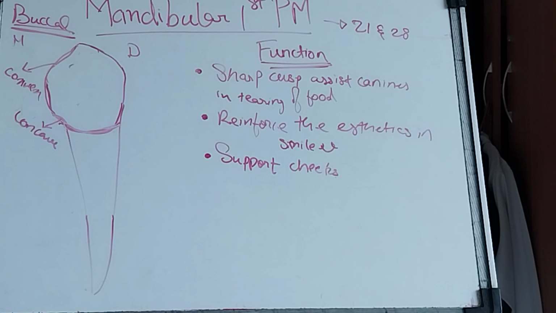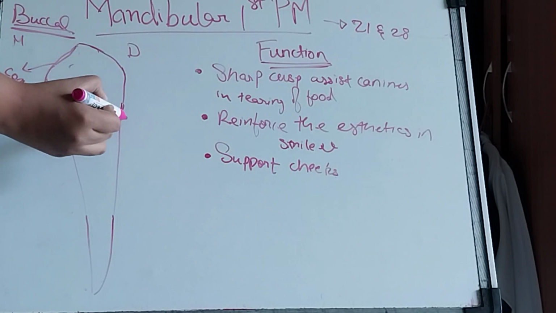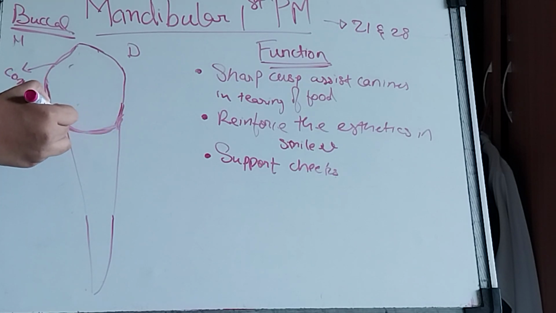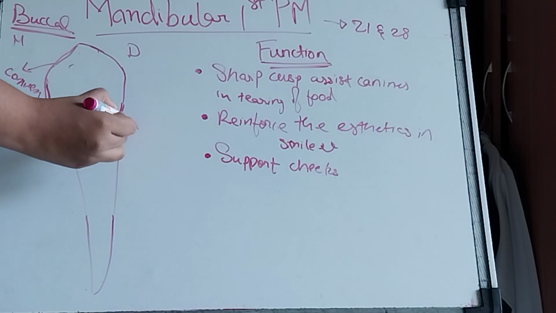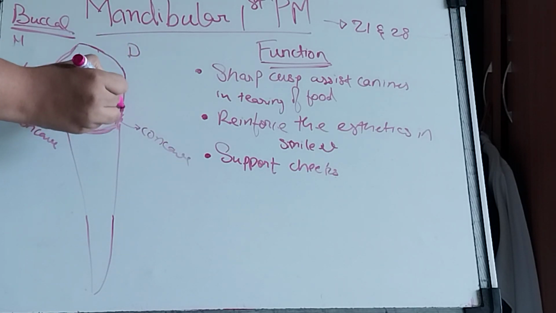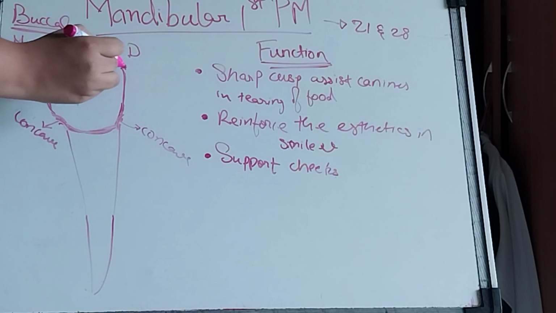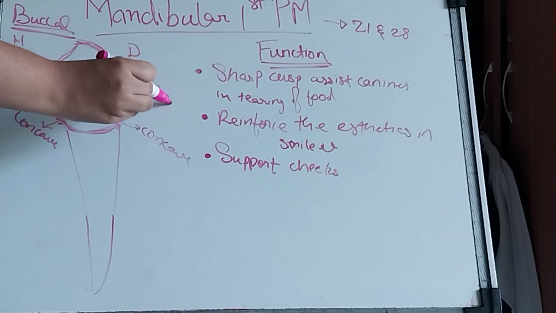Moving on to the distal outline. It is also convex as it joins the occlusal outline, but near the cervix it is concave. So it's basically similar: mostly it is concave, and as it joins the occlusal, it becomes convex.